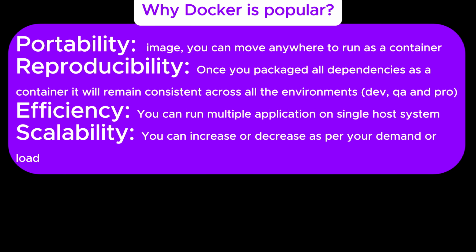Reproducibility: once you package all dependencies as an image, it will remain consistent across all environments. Even if you are in QA, dev or production, you don't need to do anything extra. You don't need to download, add or integrate anything that you have already done.